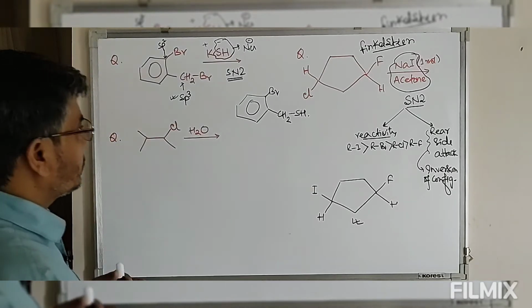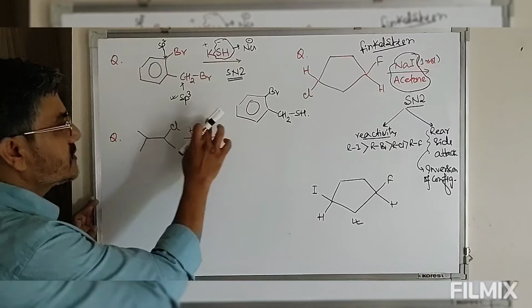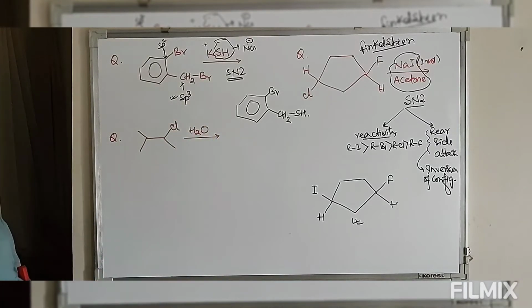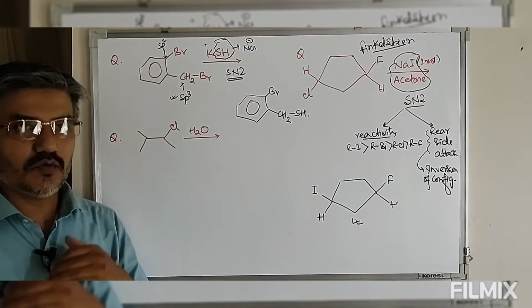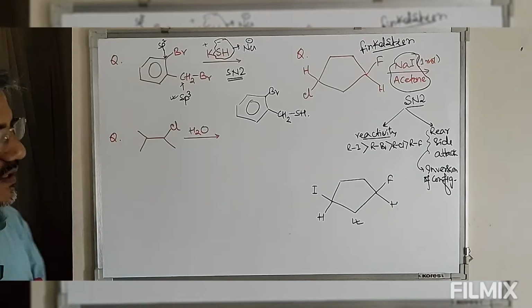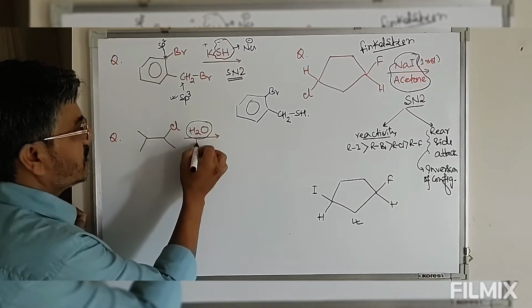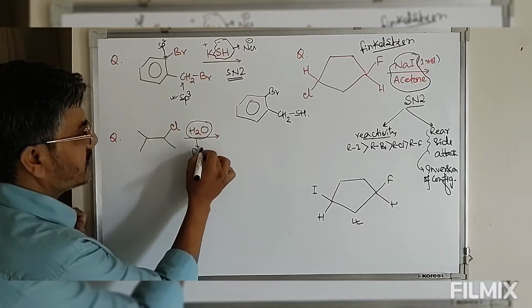In the next problem, we have this alkyl chloride. This alkyl chloride is treated with water. So now we have to see which reaction will take place. First of all, look at this water. This water is a polar protic solvent.